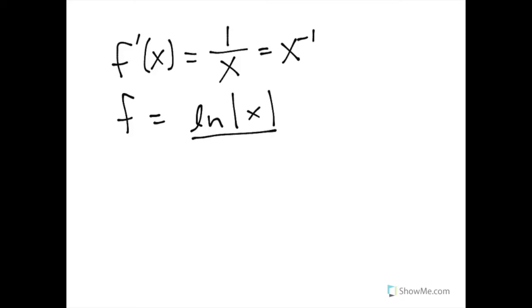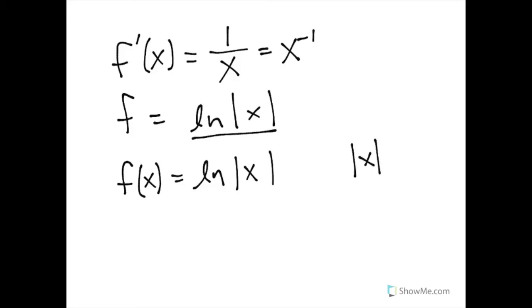So let's suppose that you're starting out with a function f of x, which is the natural log of the absolute value of x. And the absolute value of x is actually a piecewise function, and it's defined like this. It says the absolute value of x is equal to x if x is greater than 0. I guess technically you could say if x is greater than or equal to 0.